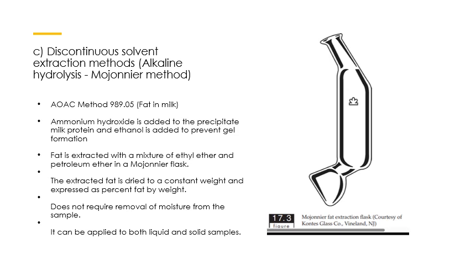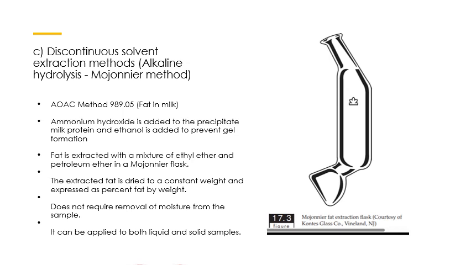Here, ammonium hydroxide is added to precipitate milk protein, and ethanol is then added to prevent gel formation. The fat is then extracted using a mixture of ethyl ether and petroleum ether in a Mojonnier flask, as shown in this figure on the right. So this is the Mojonnier flask. This extracted fat is then dried to a constant weight and expressed as percentage fat by weight.